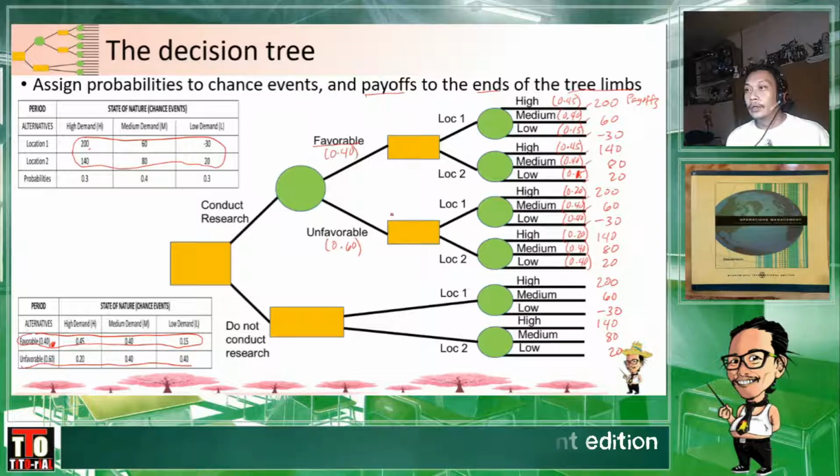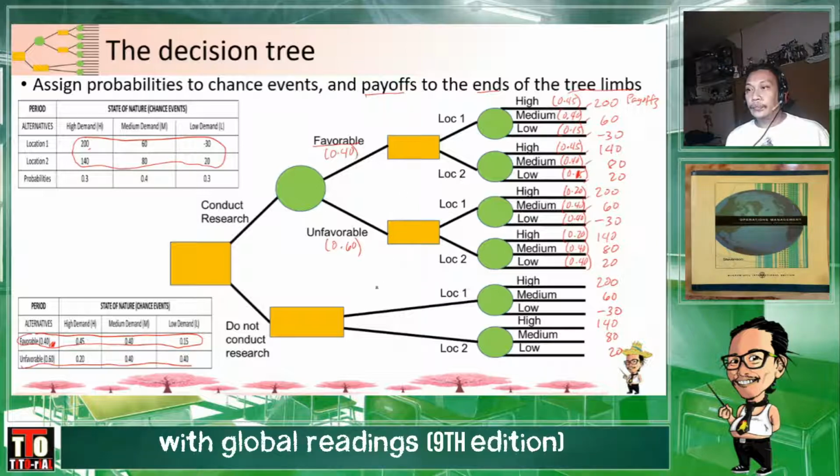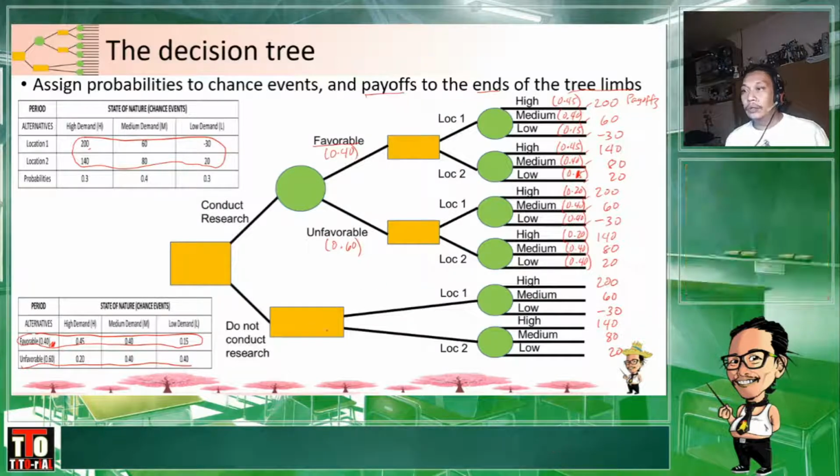Okay? Now, another thing here at the bottom is if we do not conduct our research. What is the probability that we will have high, medium, or low demand? We can see it in this table.